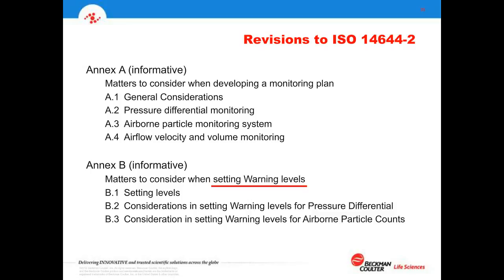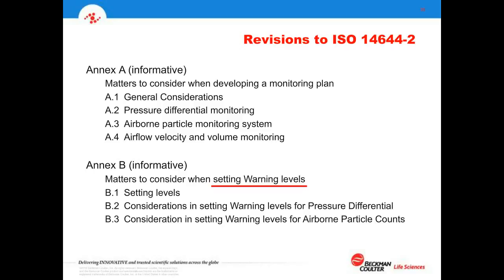Same might be true when you consider airborne particle counts in a certain region. An activity might increase the particle count level momentarily, but it's part of the normal process. So it's important as you think about a monitoring plan and try to establish any form of warning levels, whether you call them alert, inaction, or anything different, to make sure it references what is normal for a process.